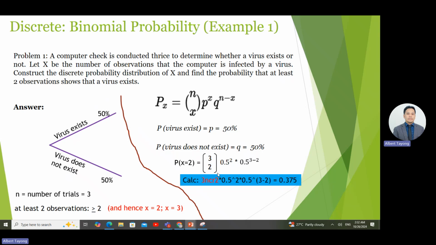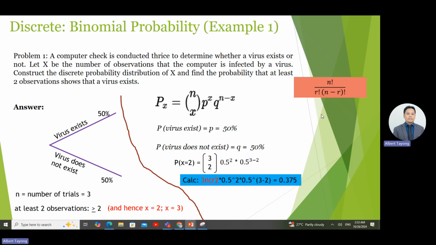In the calculator, you're going to press 3, nCr, 2. So please find 3 nCr 2 times 0.5 raised to the power of 2, and multiply 0.5 again raised to the power of 3 minus 2. The answer of that is 0.375 or 37.5%.